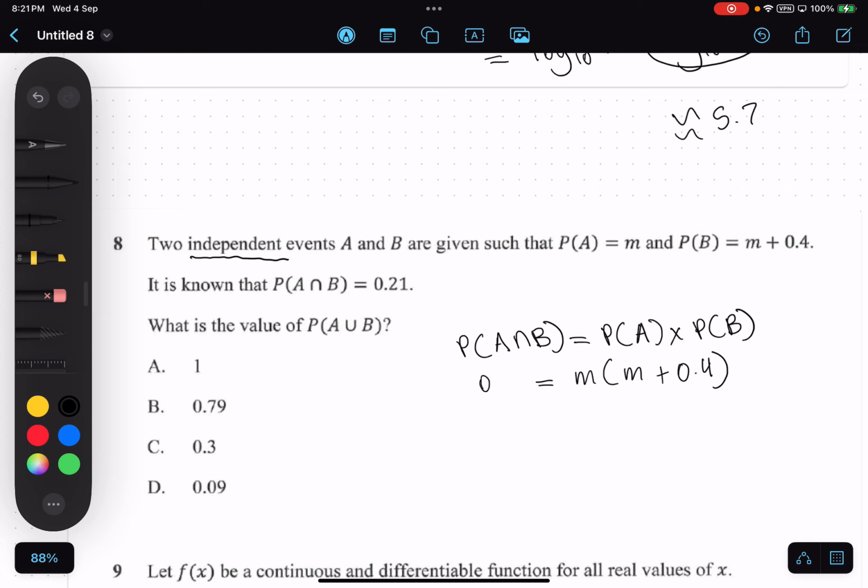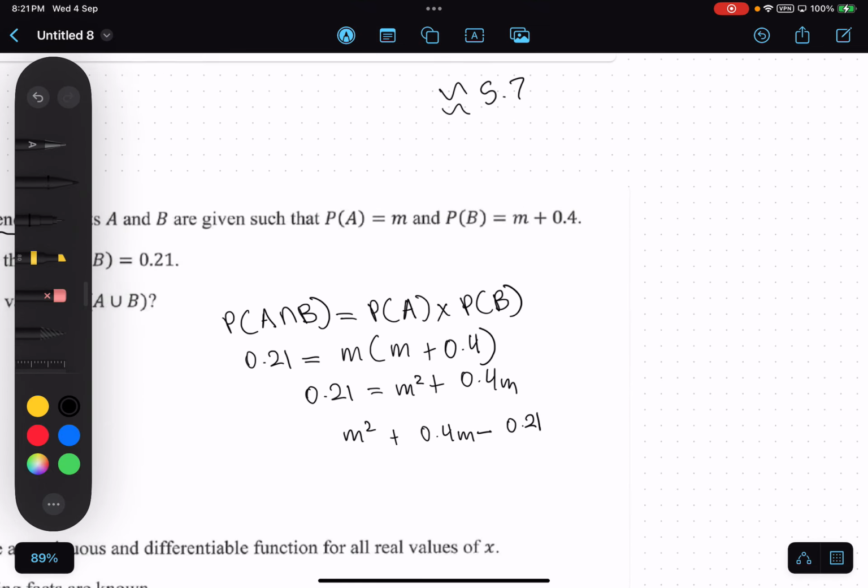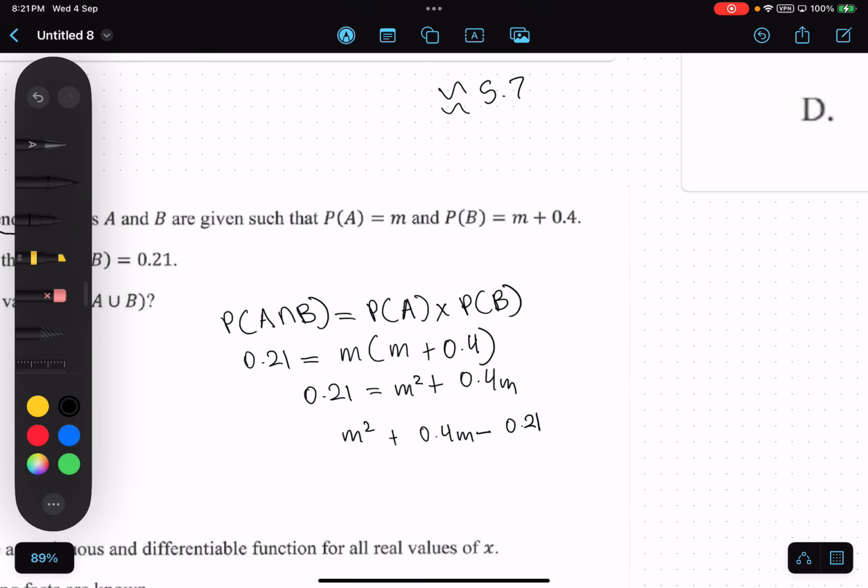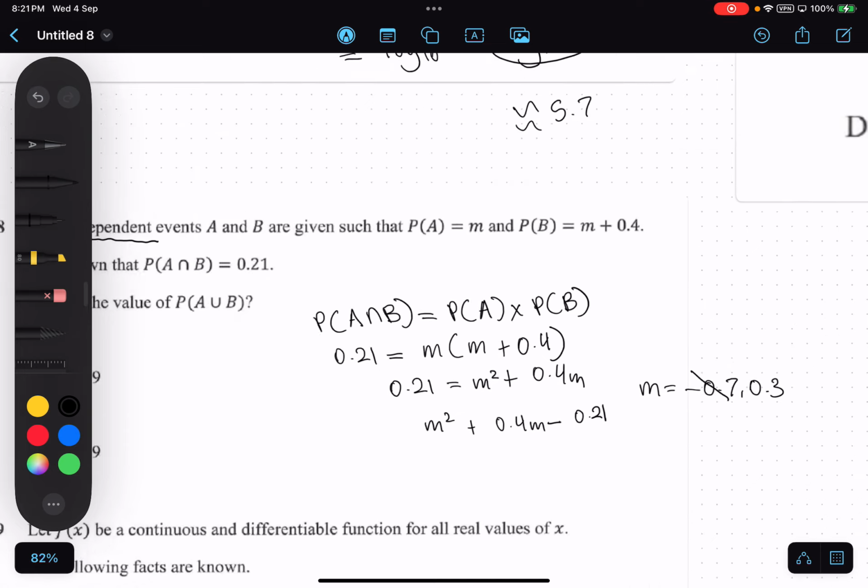And it's given that P of A and B is 0.21. 0.21 equals M squared plus 0.4M. And if you move the 0.21 over, minus 0.21, and if you put this quadratic equation into the quadratic formula, you're going to find that M equals negative 0.7 and 0.3. And you discard this negative since probability cannot be negative.